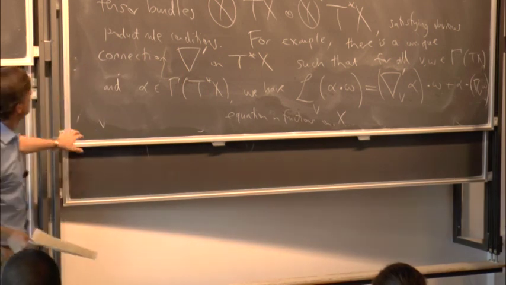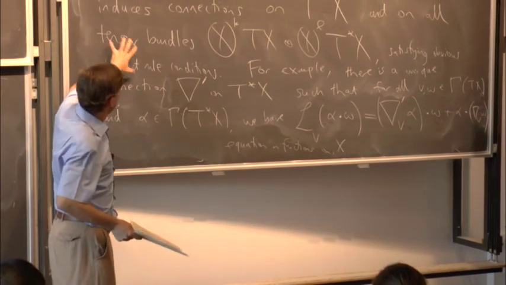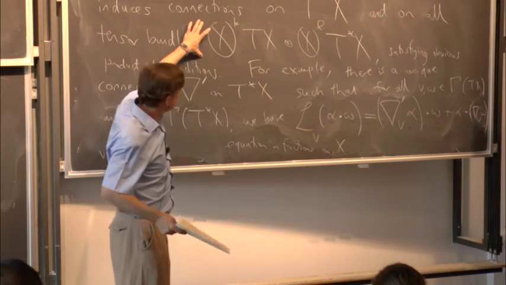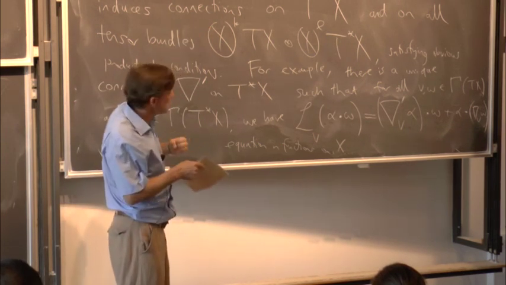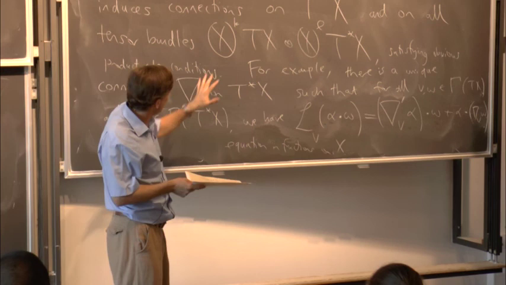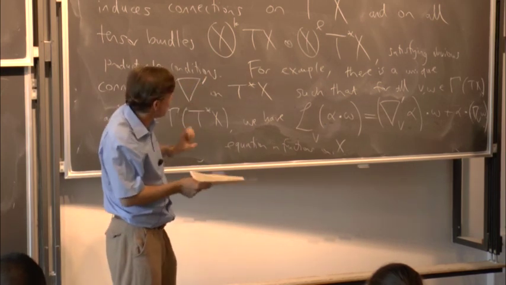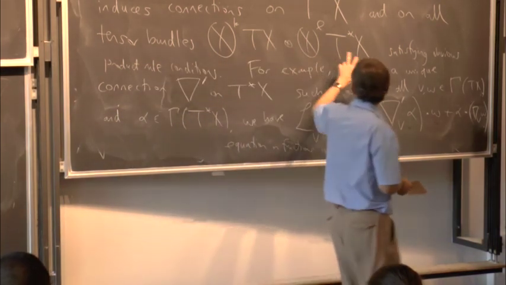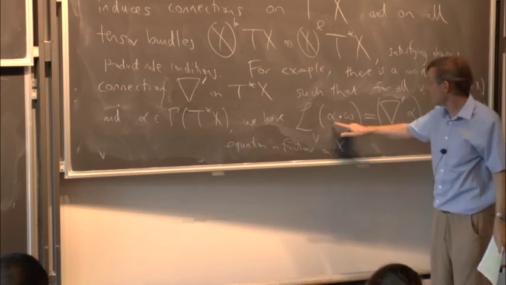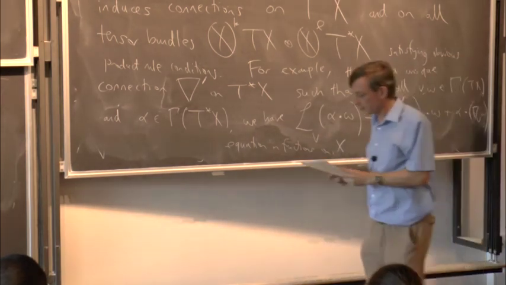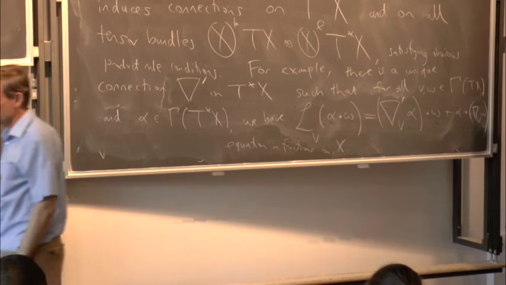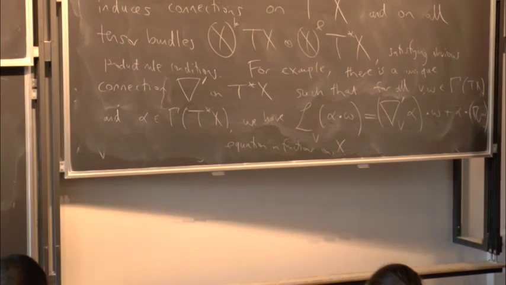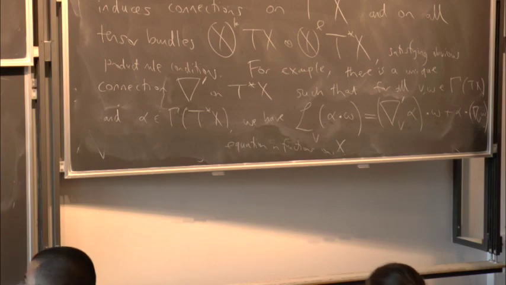And in general, there are connections on all of these bundles such that whenever you take derivatives of sections of various bundles and then use the natural contractions between TX and T*X in all the different ways you can imagine, what you get satisfies the product rules in a natural kind of way. Okay, I think we're supposed to stop at this point.